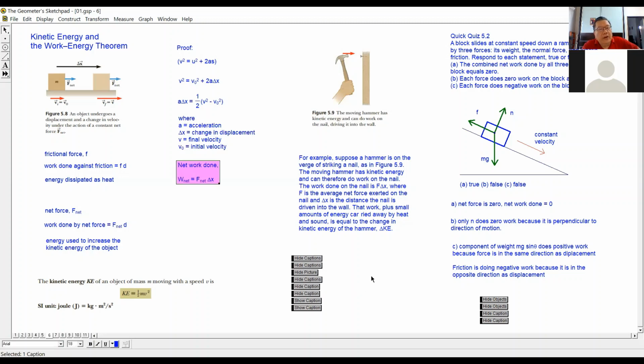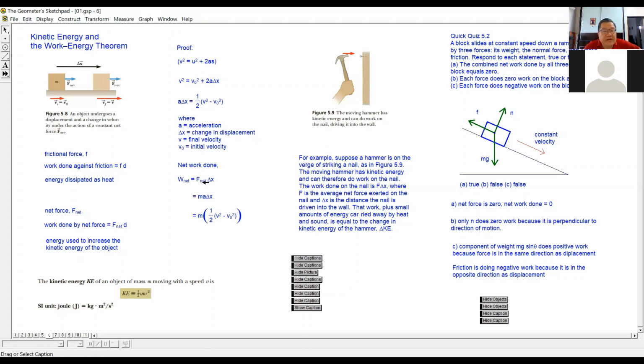Now we are going to look at the net work done. It's two words here, net and work. Net work done is given by the symbol W net, and the calculation is F net multiplied with delta x.